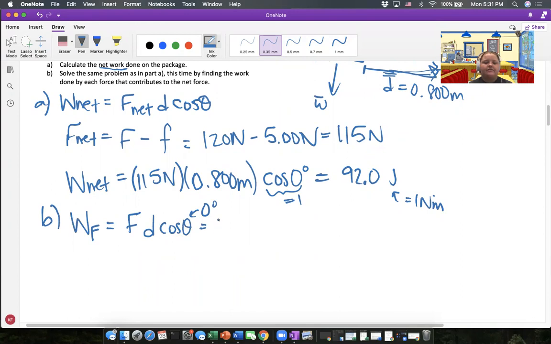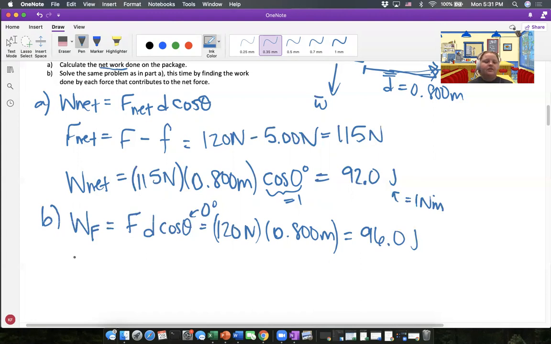So we have 120 newtons times my displacement, which is 0.8 meters. Put that into my calculator and I get 96 joules.